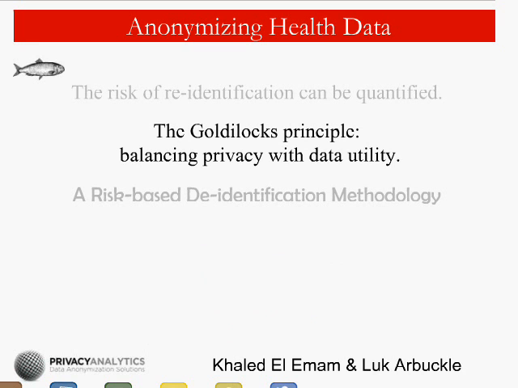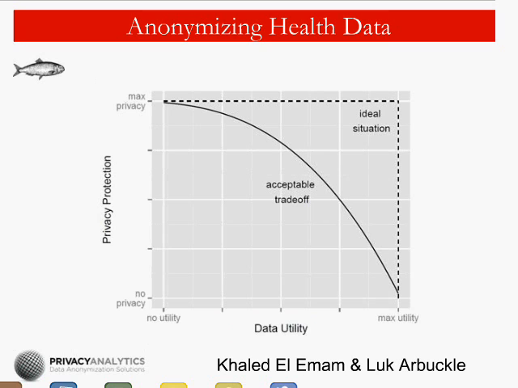The graph that you see right now shows this trade-off, this balance between privacy and data utility. If you want maximum privacy, then you'll have zero data utility, and if you want maximum data utility, then you'll have very little privacy.